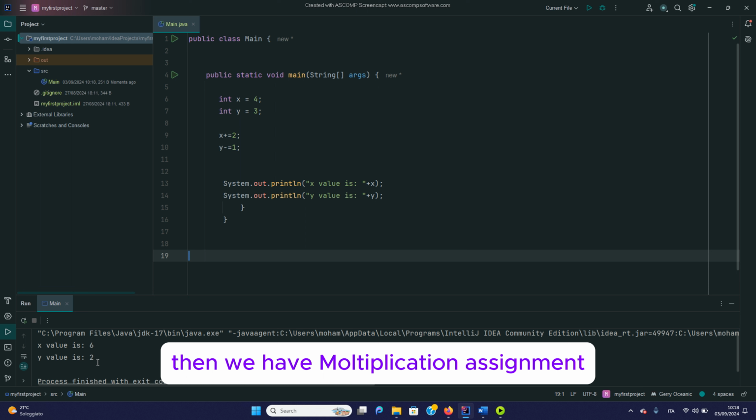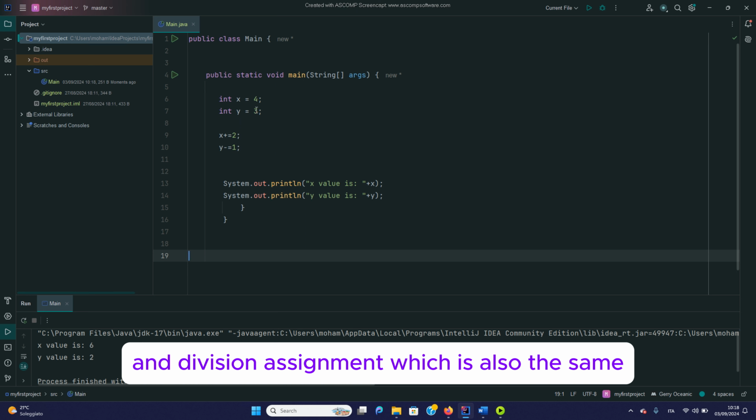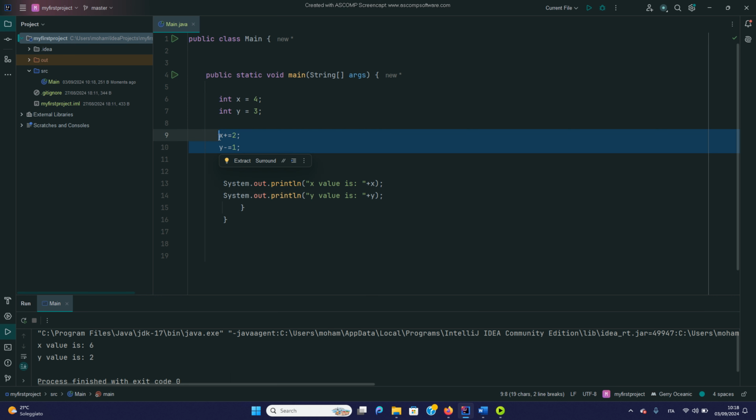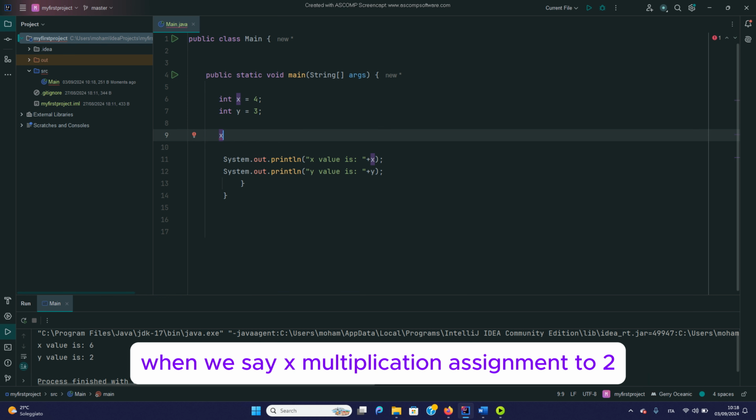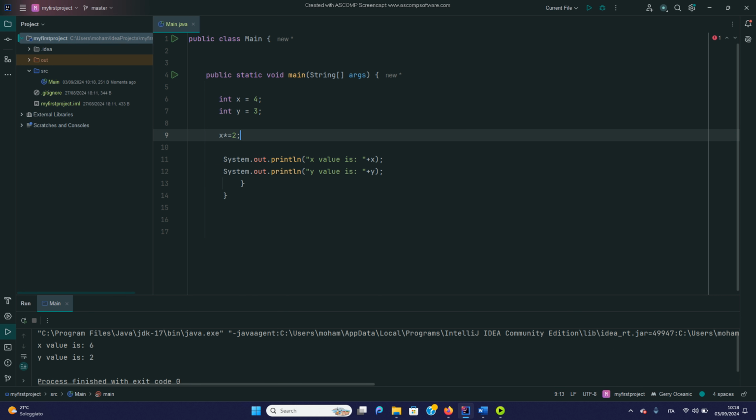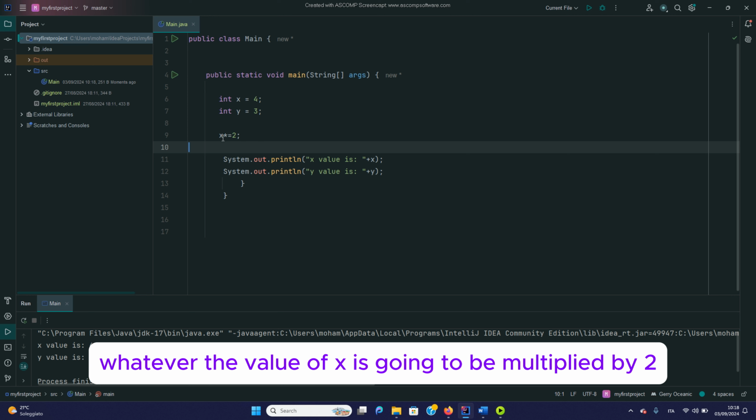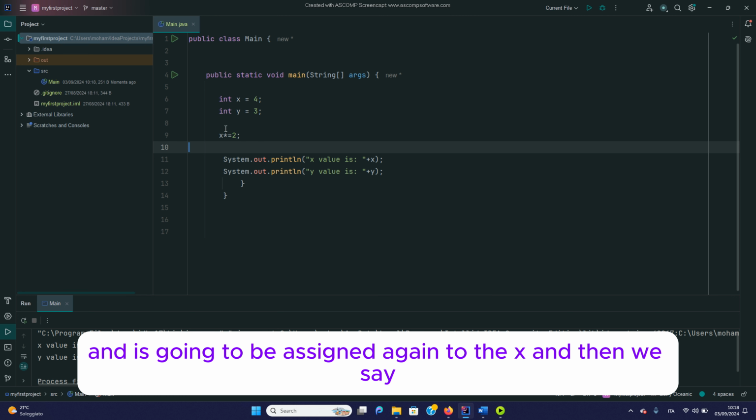Then we have multiplication assignment and division assignment, which is also the same. When you say x multiplication assignment to 2, whatever the value of x is going to be multiplied by 2, and it's going to be assigned again to the x.